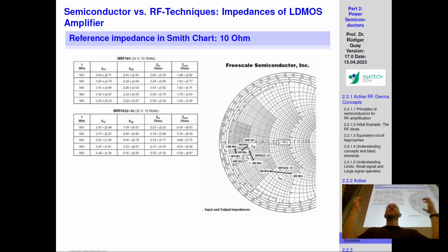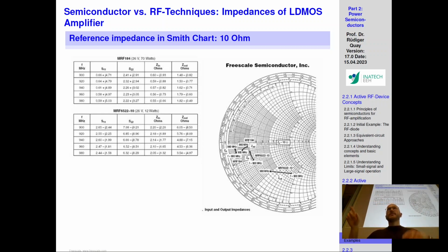I think it was also 75 ohm at some point, and 50 ohm has a reason why it is, but for an engineer it's an agreed upon requirement, and we match to that specific impedance. In this case it's written 10, but it can be 50 ohm, it can be whatever.